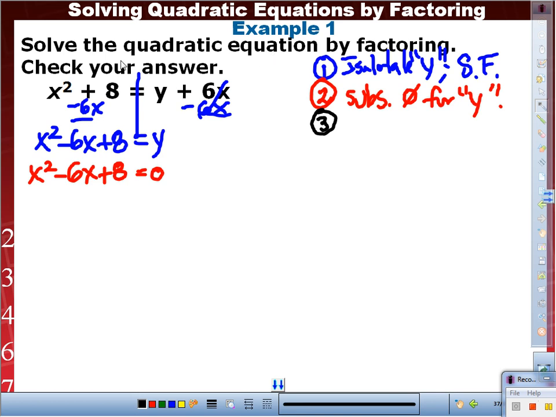So it said, solve the quadratic equation by factoring and check your answer. So the first thing we did is isolate the y, or solve for y, and make sure it's in standard form. Did we do that? Yes. From there we substitute 0 for y. Yes, because when we solve the quadratic function to find the x-intercepts, the y has to be 0. Okay, so there it is. Step 3. Pay attention, please. Here it goes.